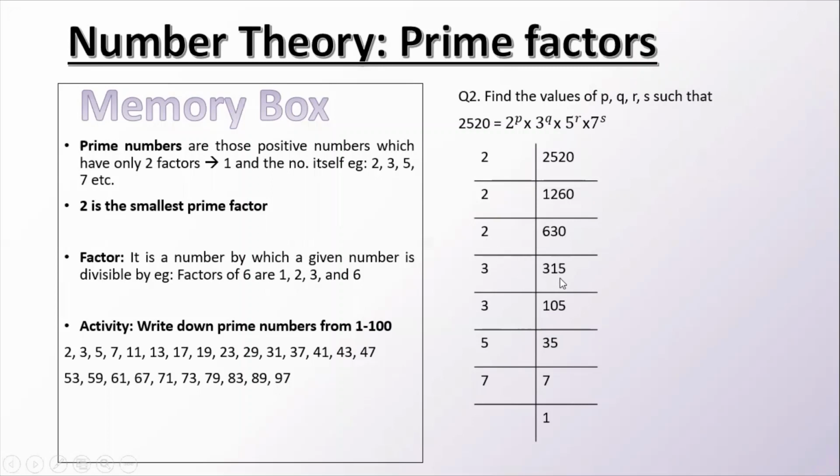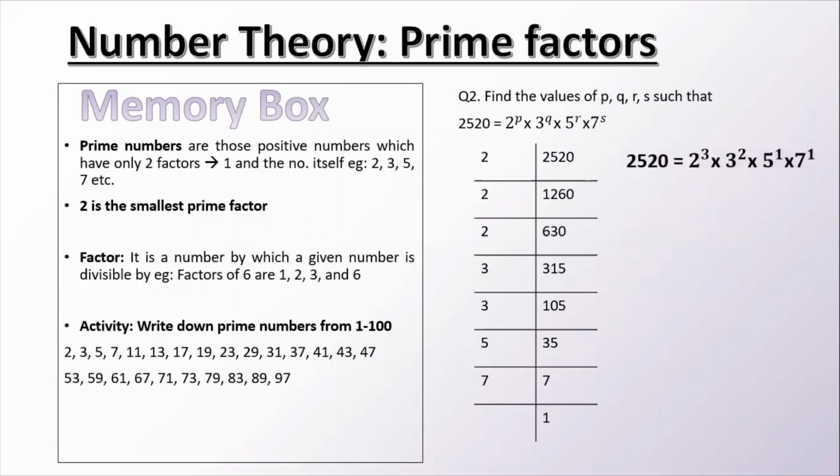Now 315 cannot be divided by 2, so I take the next greatest prime number, which is 3. 315 when divided by 3 gives me answer 105, and 105 can further again be divided by 3 to give me an answer 35. Here a prior knowledge of divisibility rule will help you calculate faster. 35 can further be divided by 5 to give me an answer 7, and 7 can further be divided by 7 to give me an answer 1.